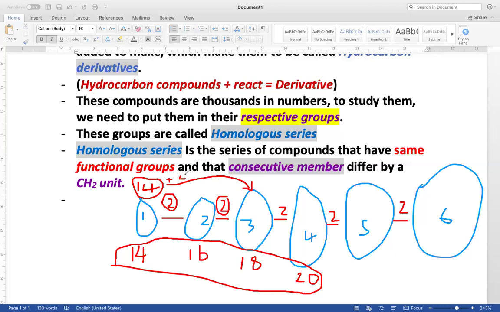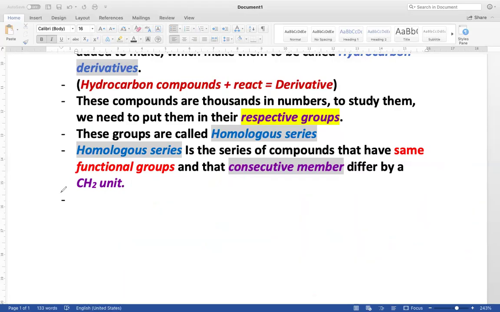Yes. So 14 plus 4 will definitely give us 18 years. Is it now making sense? Good. So this is what actually happens within the homologous series.